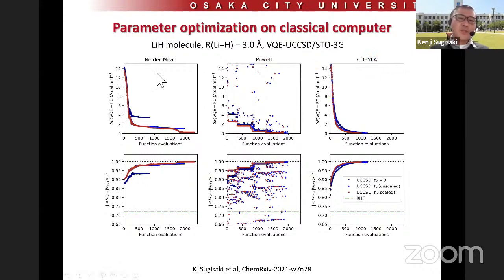As you can see, if we use the Nelder-Mead algorithm, the variational optimization sometimes gets trapped in an excited state or a local minimum. So in this case, the selection of initial parameters is very important. And if we use Powell or COBYLA, we can obtain the ground state regardless of the initial parameters.